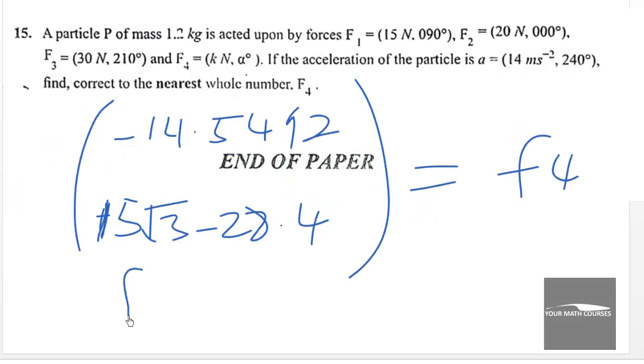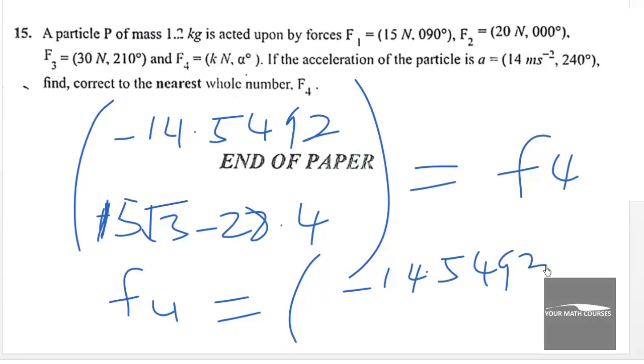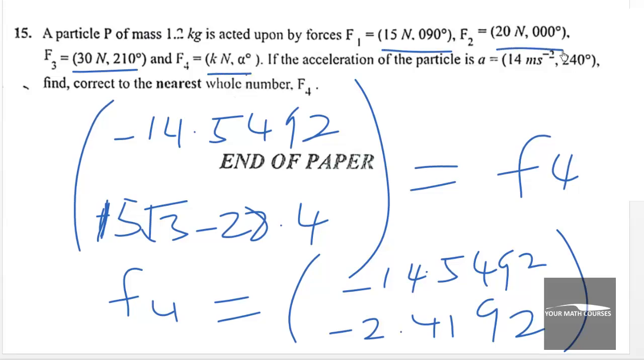So in decimals, we have F4 to be equal to negative 14.5492 and negative 2.4192. So that is F4 for you, but we need to write it in this form as it was given to us.